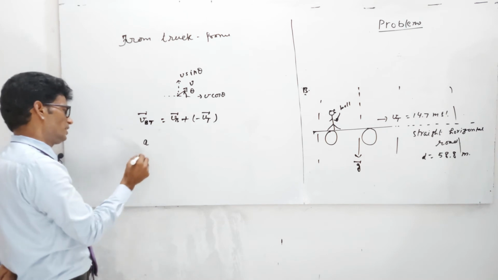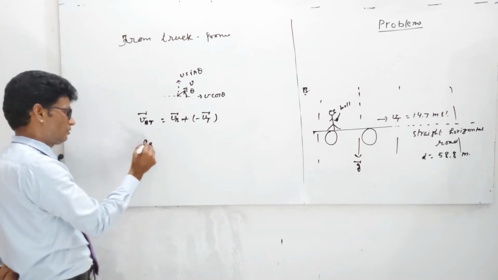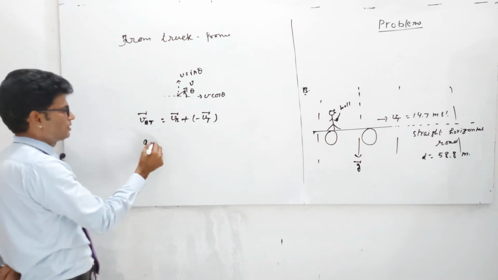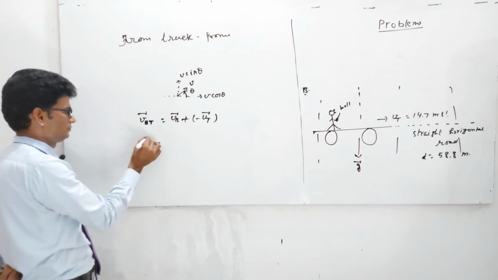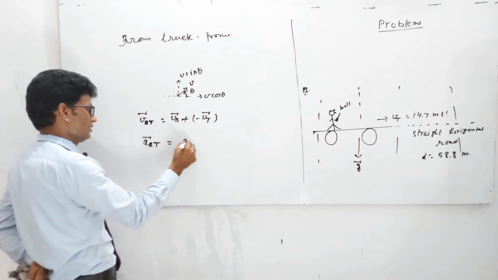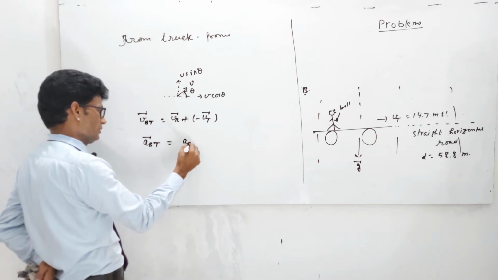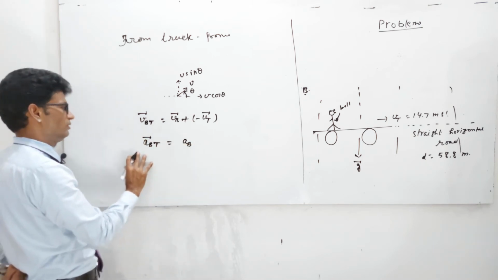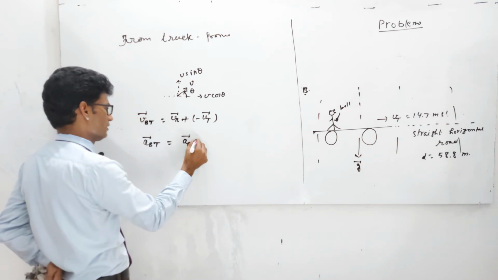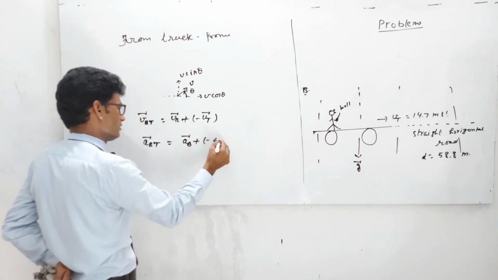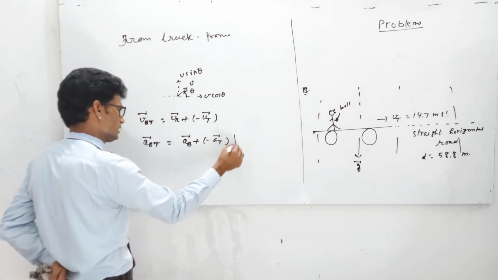Now the acceleration of the ball with respect to truck, the acceleration of the ball, not block, ball, plus minus the acceleration of truck. So firstly we have to work on that.